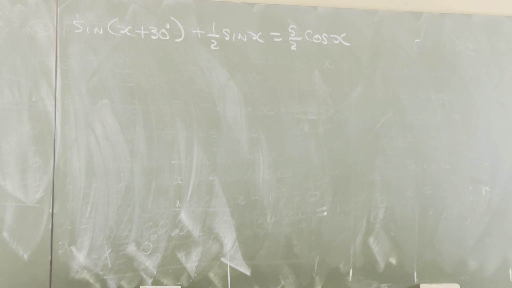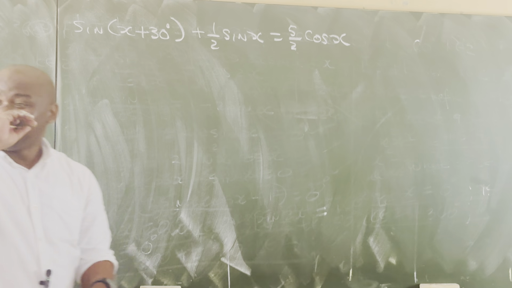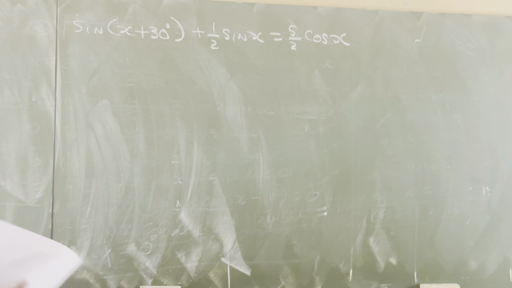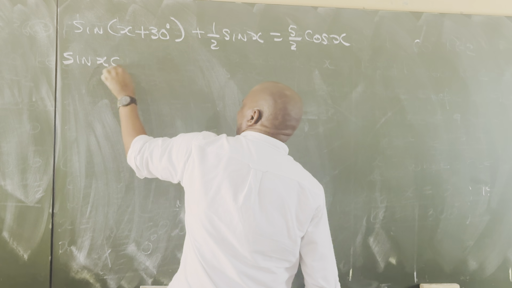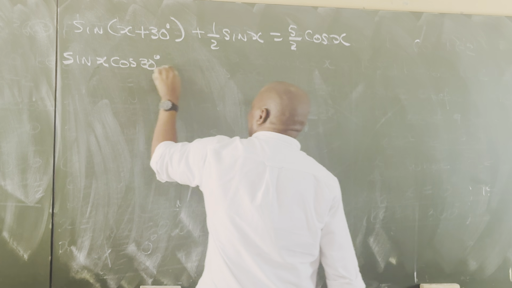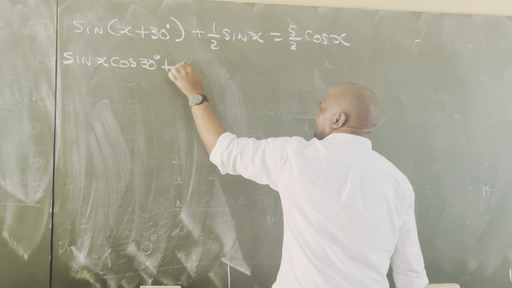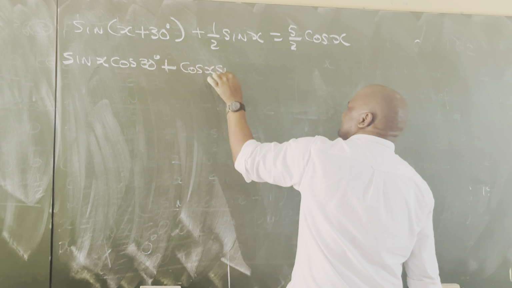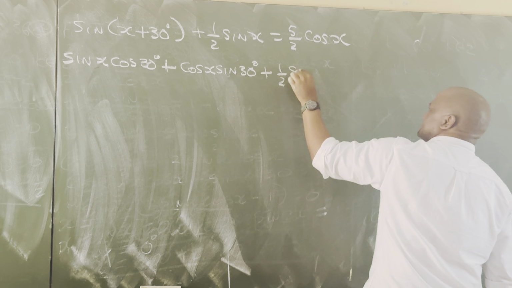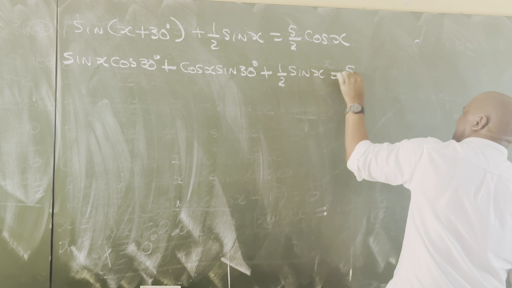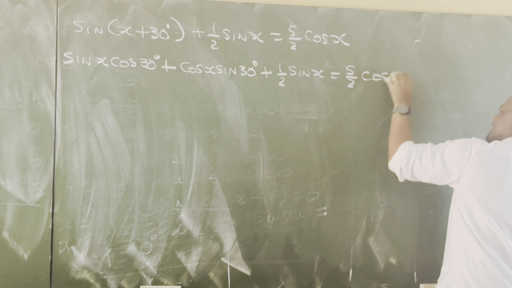We expand the first term. Okay, let's do that. So this will be sine x cos 30 plus cos x sine 30 plus 1 over 2 sine x is equal to 5 over 2 cos x.